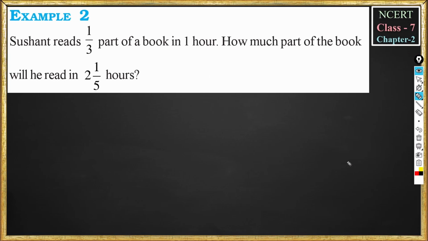Example 2. Sushant reads 1/3 part of a book in 1 hour. How much part of the book will he read in 2 1/5 hours? See, the part of the book Sushant reads in 1 hour is equal to 1/3.